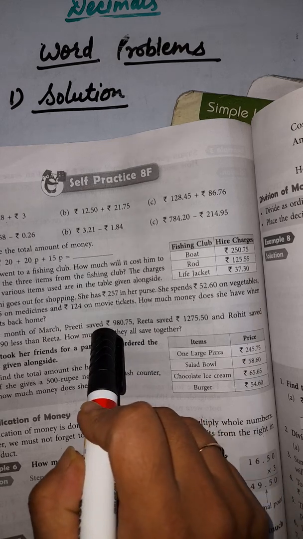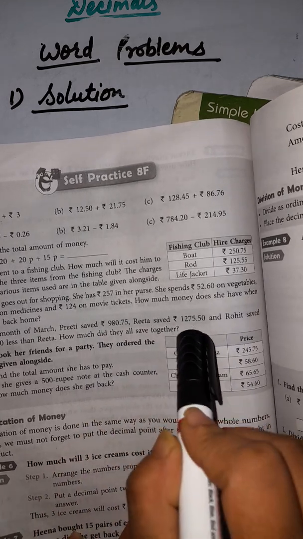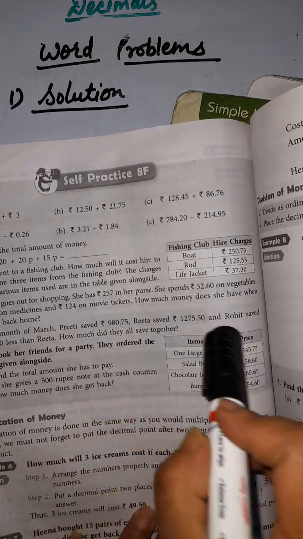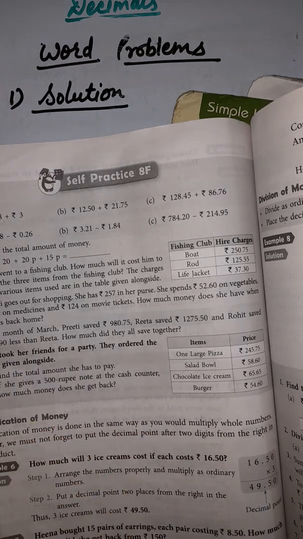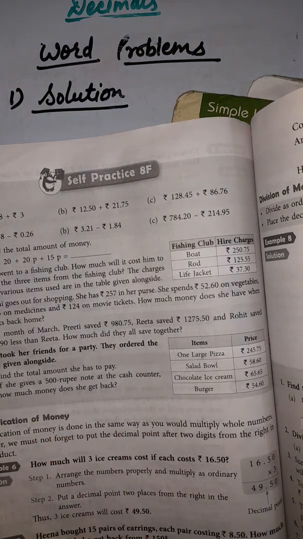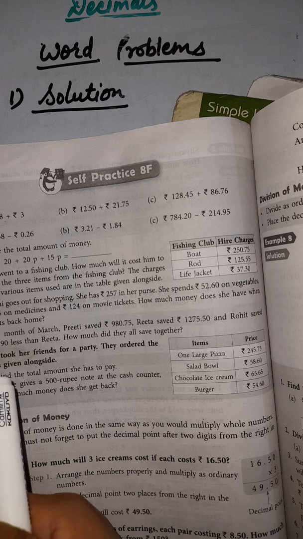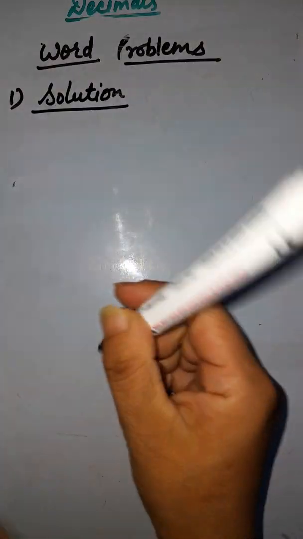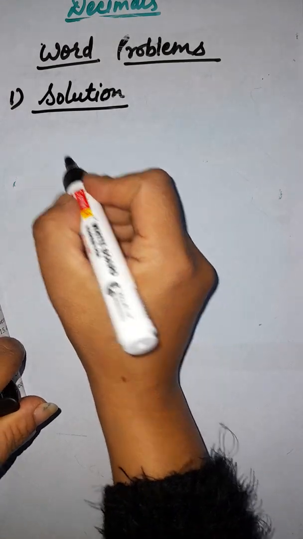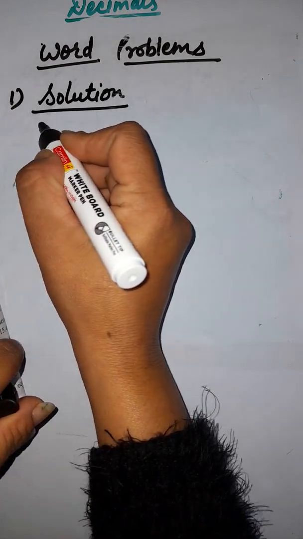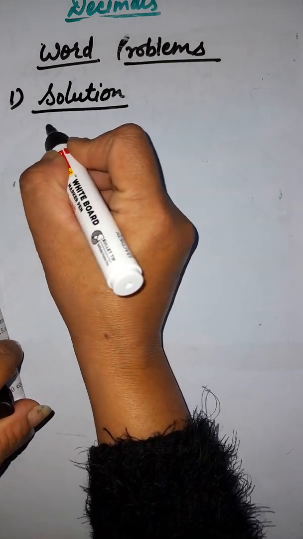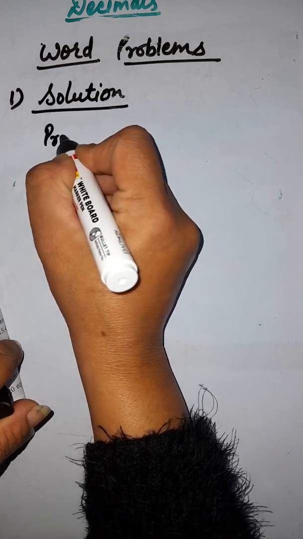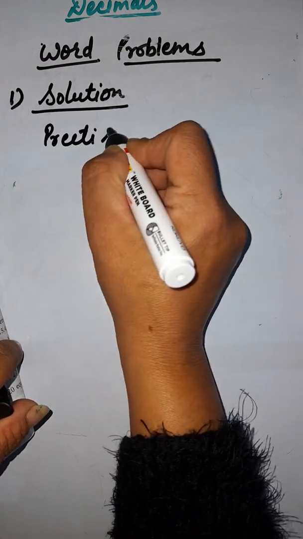Preeti's saving is given here, and Rita's saving is also given here, but Rohit's saving we have to find out first. So Rohit's saving is less than Rita. So we need to write first the first statement. Preeti saved.